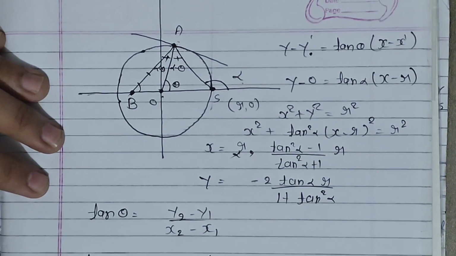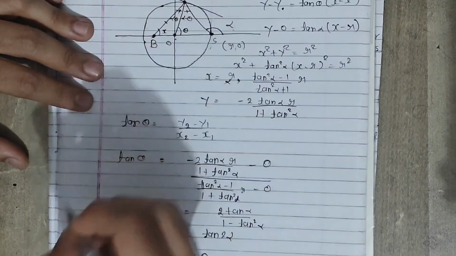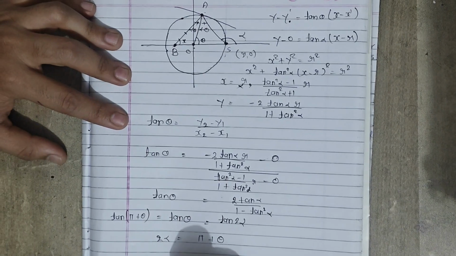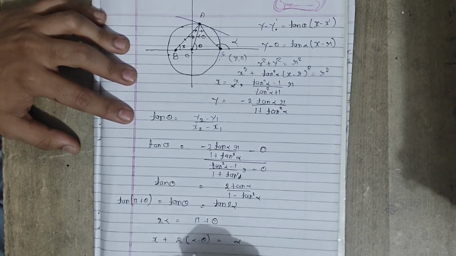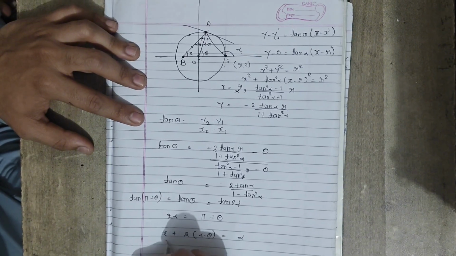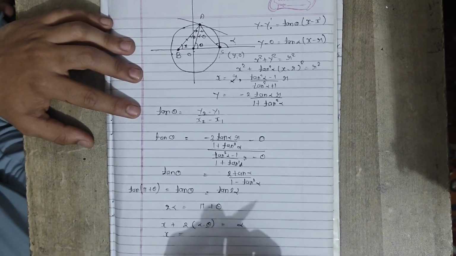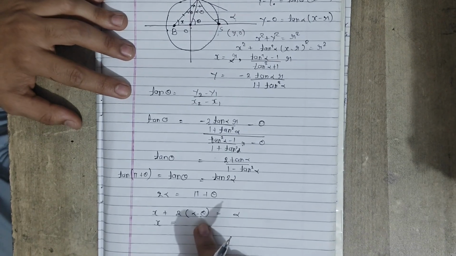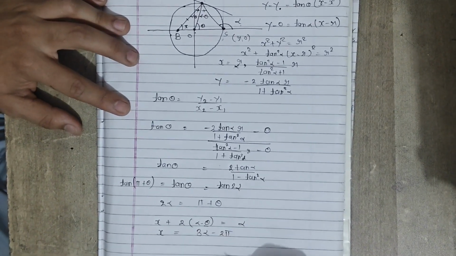So I need to find this angle at point B. Let's consider it x. In triangle ABS, x plus 2 into (alpha minus theta) will be equal to alpha. If we calculate, x will be equal to 3 alpha minus 2 pi.